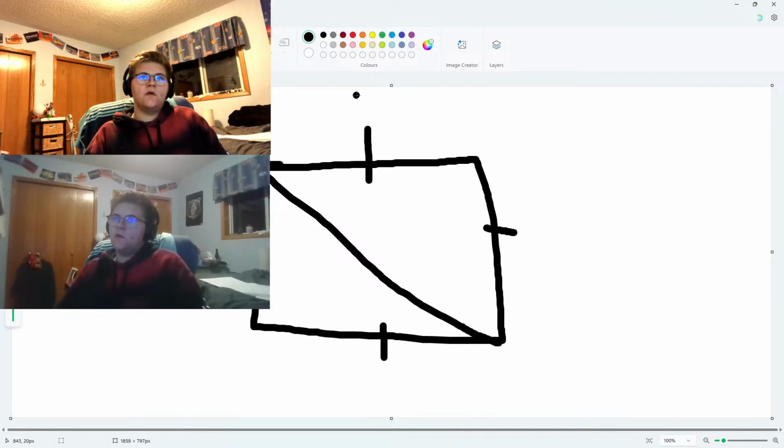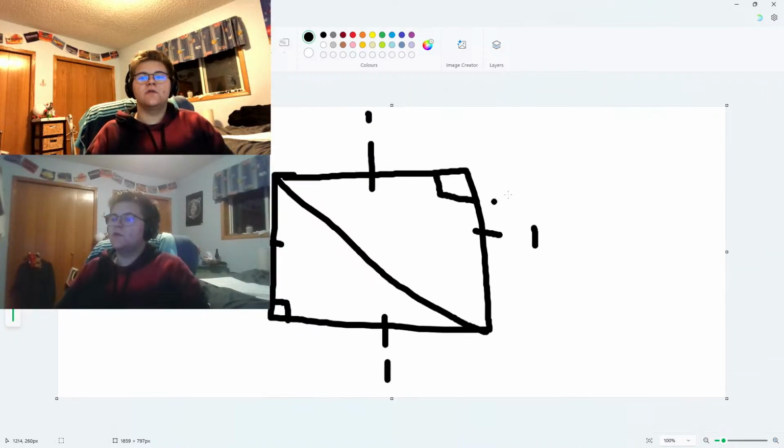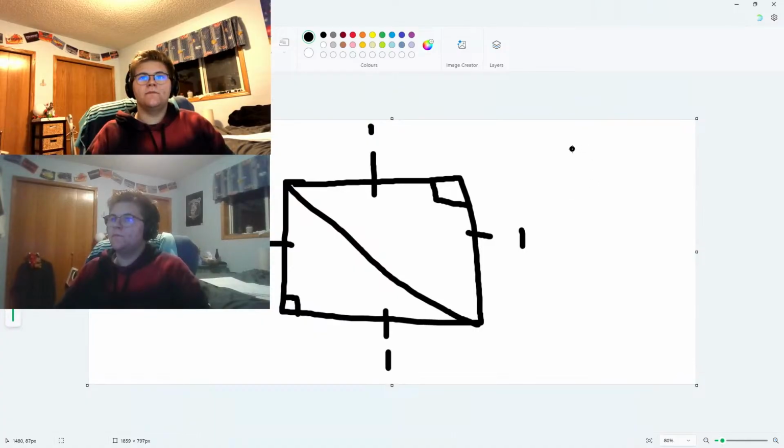They're all equal to 1. And let's just forget about this, but remember that they all have 90-degree angles. So now we should have one of them, right? We just want to have one of them. So, obviously we're going to keep these as the same. And how do you find the hypotenuse?